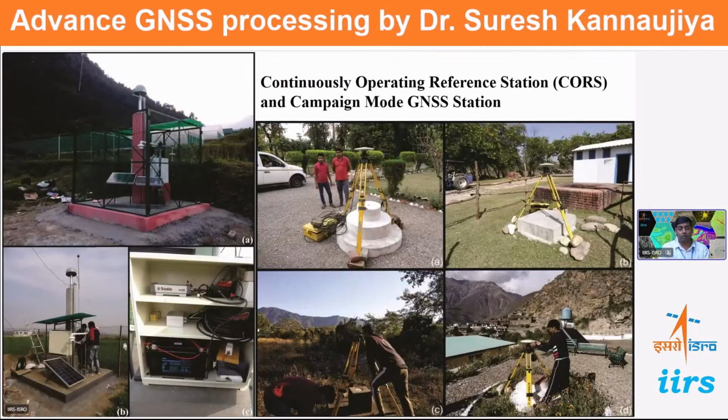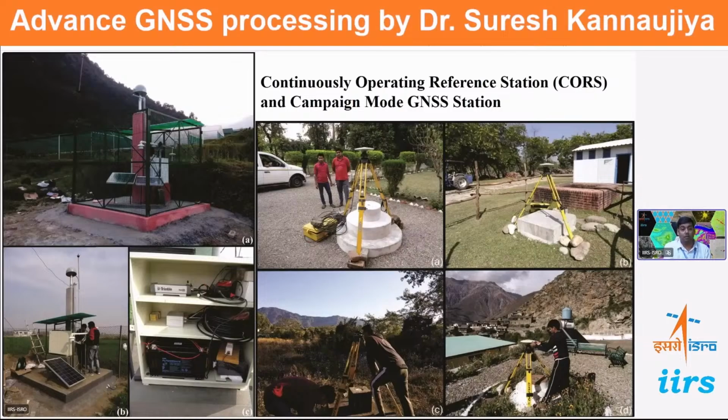This is how we set up these GNSS stations. On the left side, you can see the CORS, continuously operating reference station, and on the right side, you can see the campaign-based GNSS setup. Both setups are achieving millimeter accuracy, and both can be used for monitoring and mapping, for many applications.